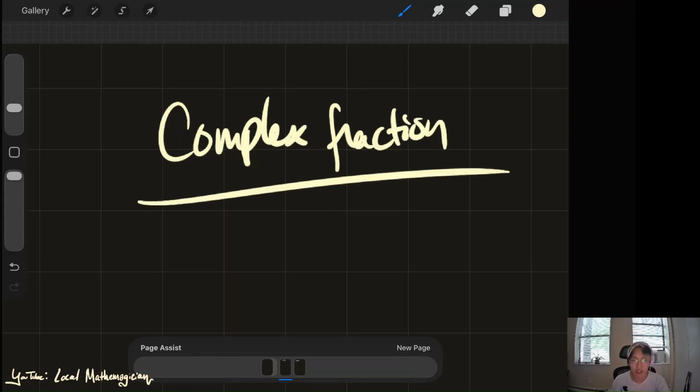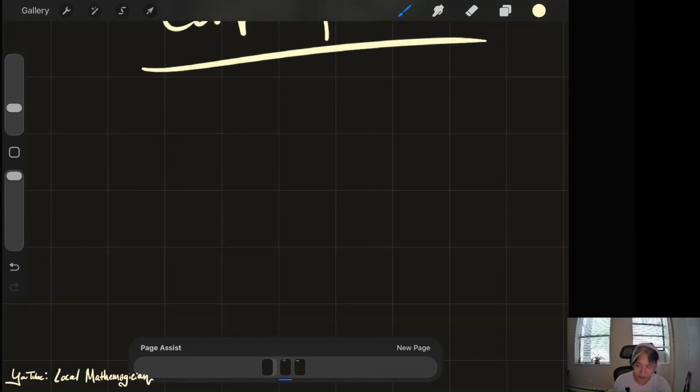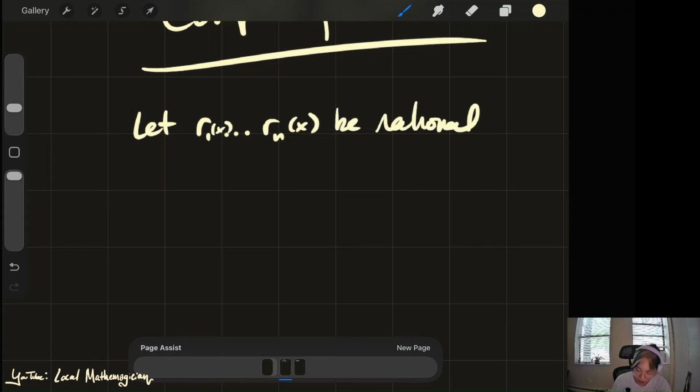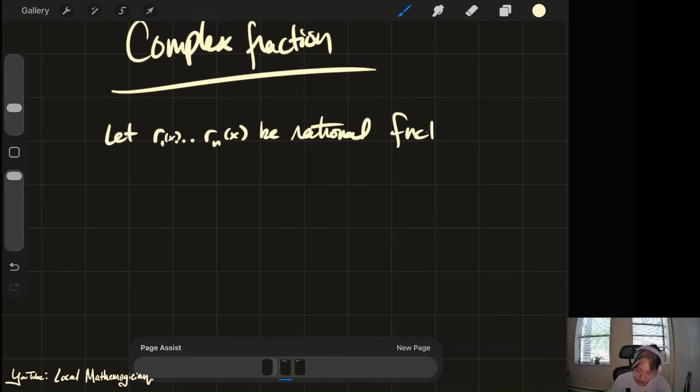A complex fraction is a fraction of the form, ready? Let R1 to Rn of x be rational functions. Okay? So like polynomial over polynomial, denominator can't be zero, you know, the works.